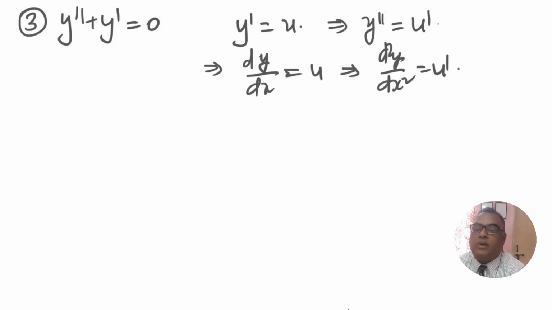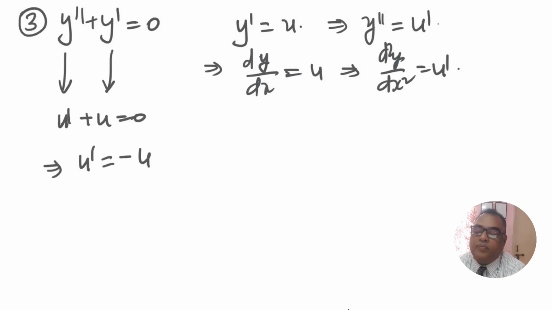We have to substitute them here and we find this will be u prime minus u is equal to 0, or u prime/u is equal to minus 1.